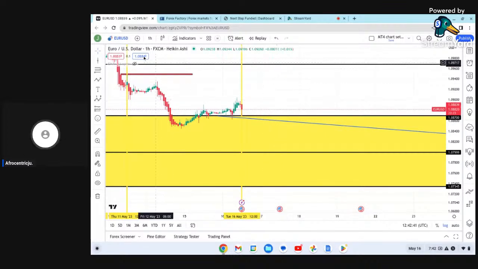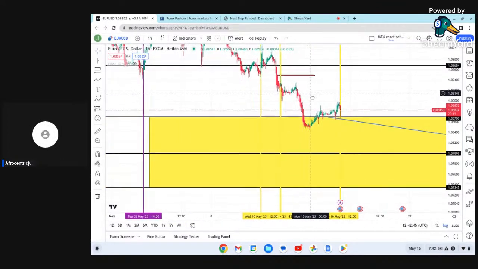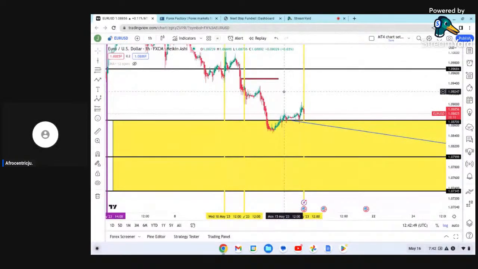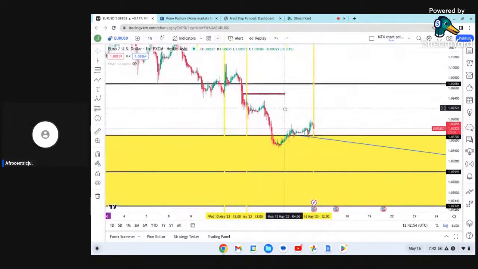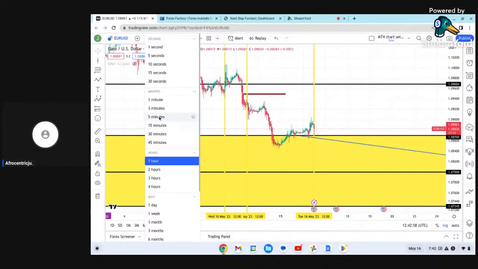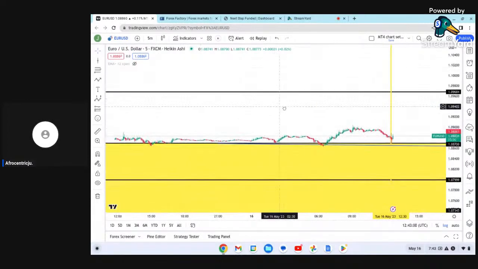And I'm going to show you on the 5 minute chart. Let's see here. I think it was this one. It was this candle right here, and I'm going to go to the 5 minute chart. Hopefully I can spot it. I'm pretty sure I can.